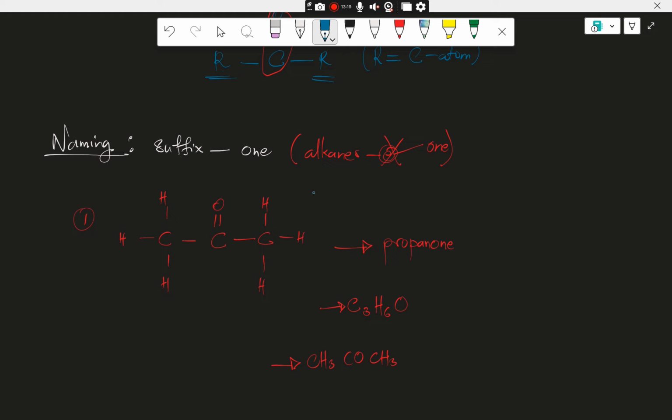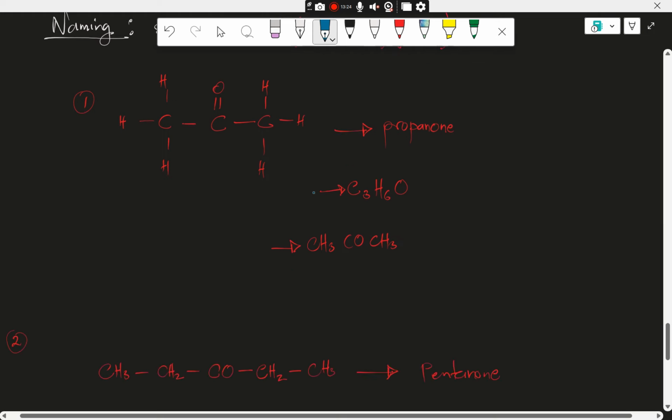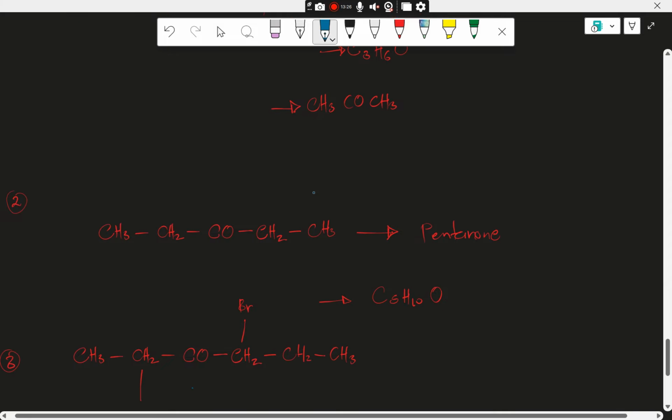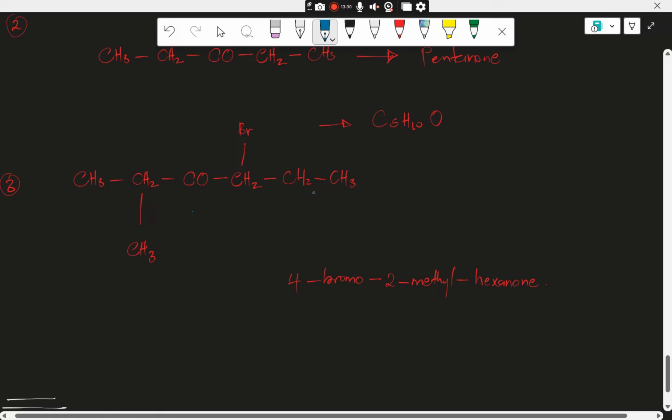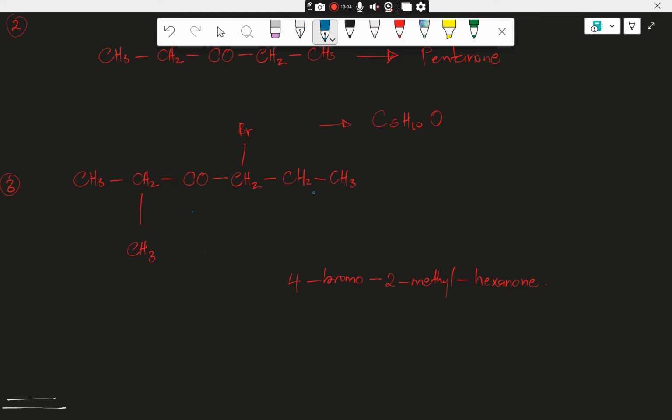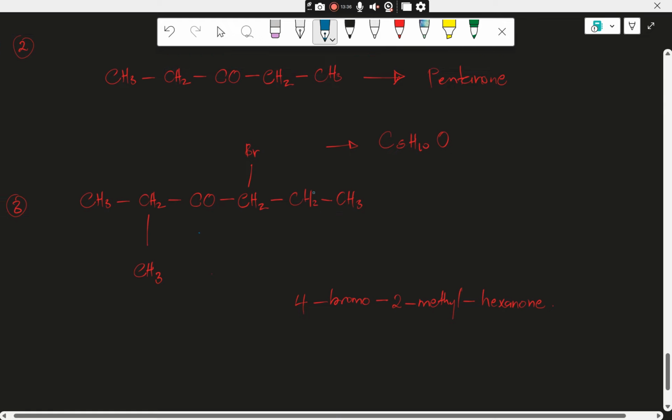You just replace the e at the end with one. You have propanone, pentanone, and then you have hexanone, right? And then you can make it a little bit more interesting by having substituents, here with bromo and methyl.